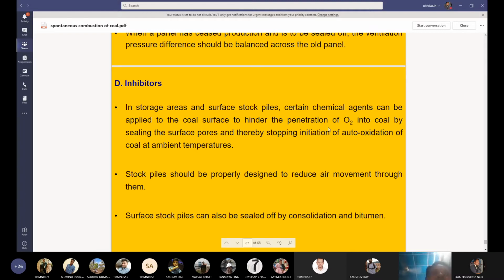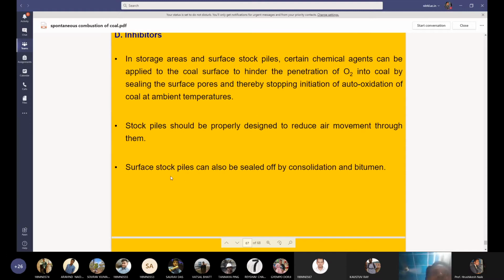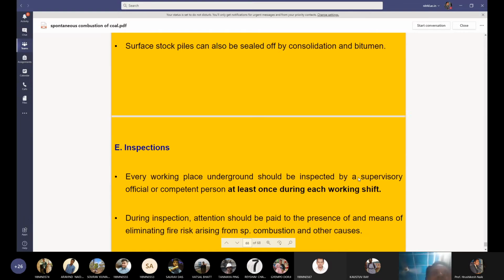So this is to seal the area to the crack in a particular panel, and it's a balance. Ambient temperature.